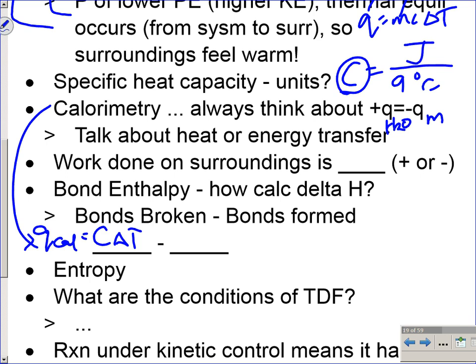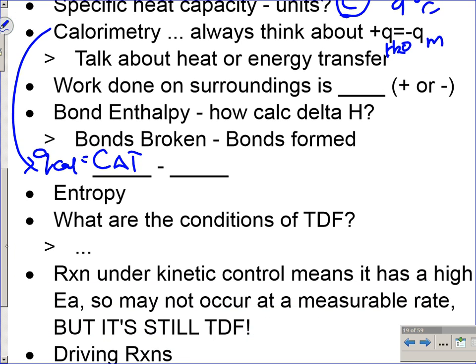And this is just heat capacity, given in different units. I'm just going to put C for the calorimeter, which is in joules per degree Celsius. So when you multiply by your degree Celsius, what do you get? Joules.